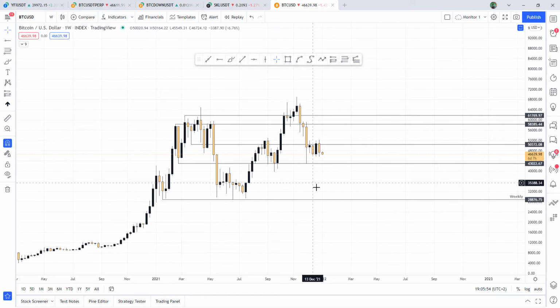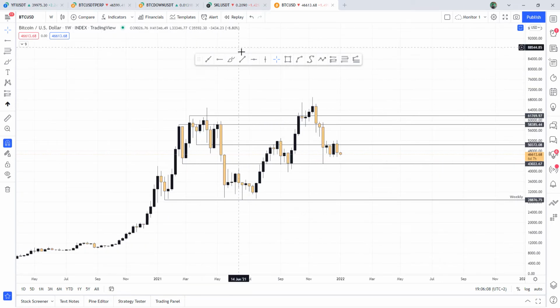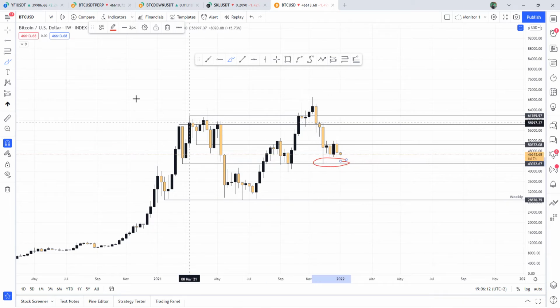Support occurs where a downtrend is expected to pause due to the concentration of demand, okay? This is how the price actually moves on the chart. If there is enough demand at this level, the price won't go lower.